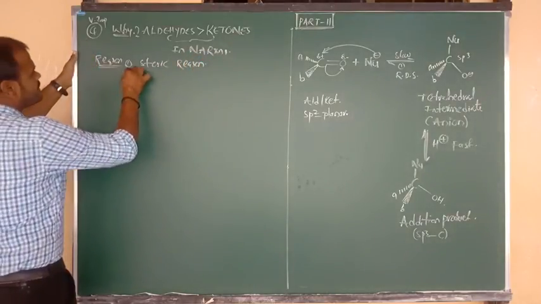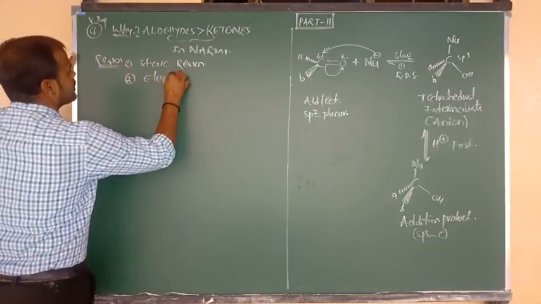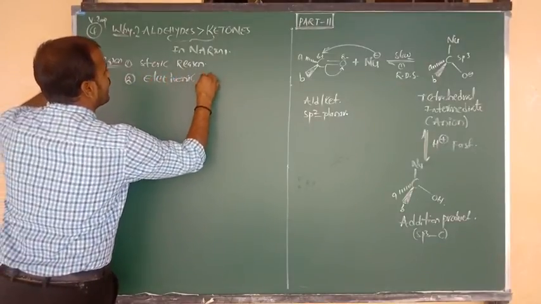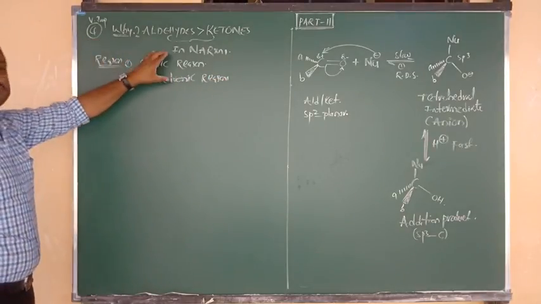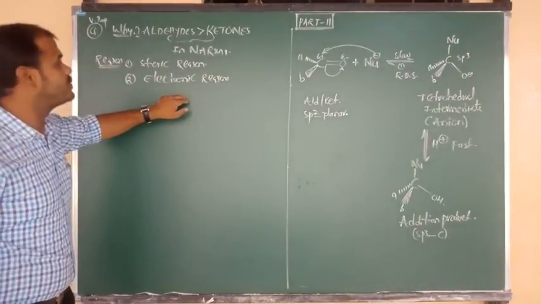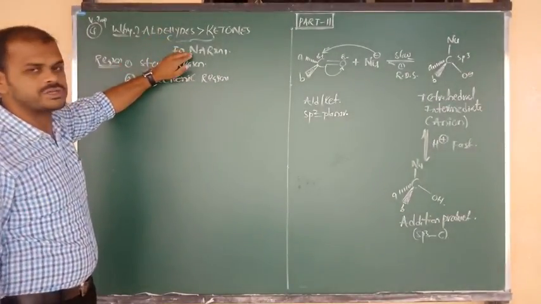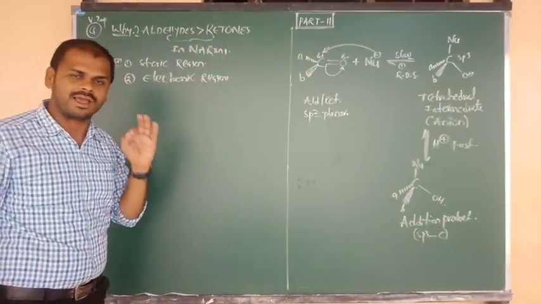Number two, another reason is the electronic reason, and also we can say electronic repulsions. So on the basis of these two types of repulsions and reasons, we have to say that aldehydes are more reactive than ketones towards nucleophilic addition reactions.